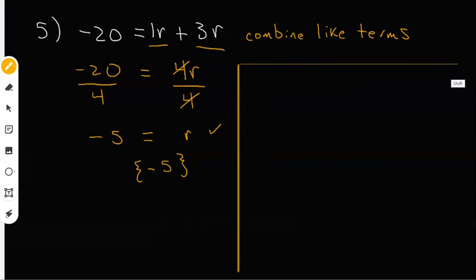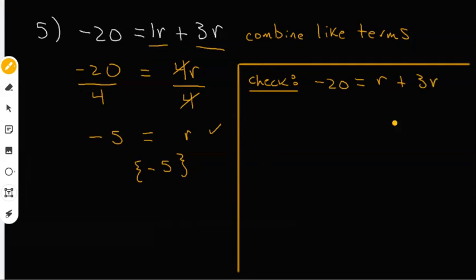Okay, so on the right side, I'm going to check my work. When I do that, I always start off with my original equation. Negative 20 equals r plus 3r. And I'm going to let r be negative 5.